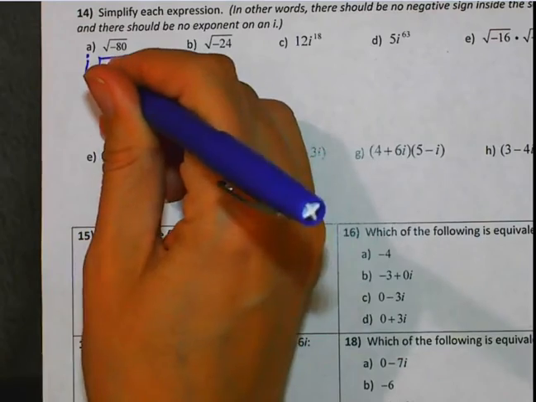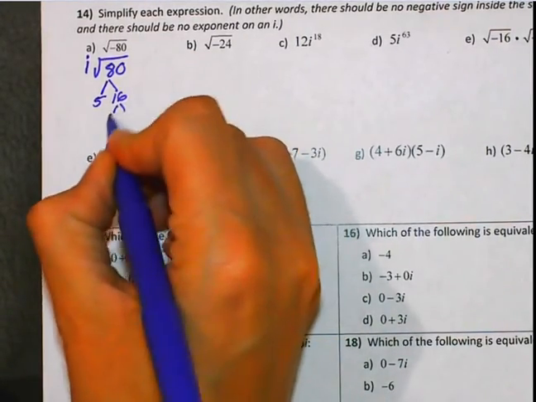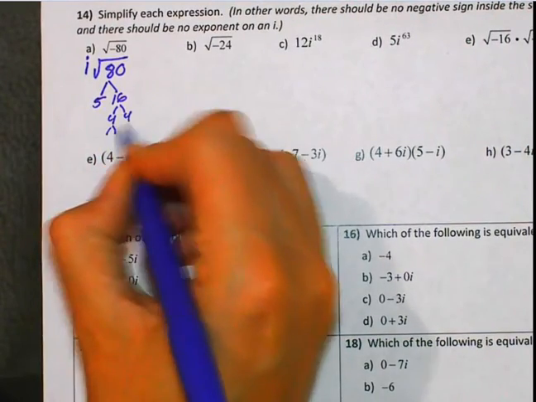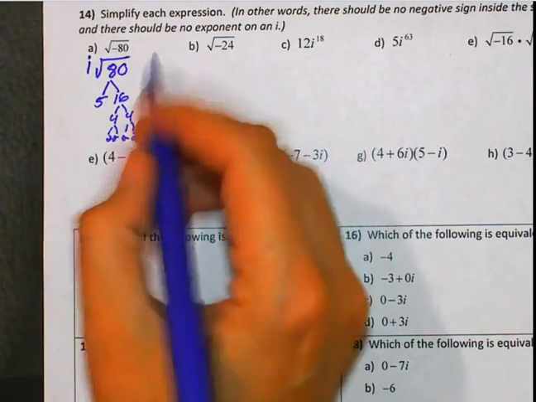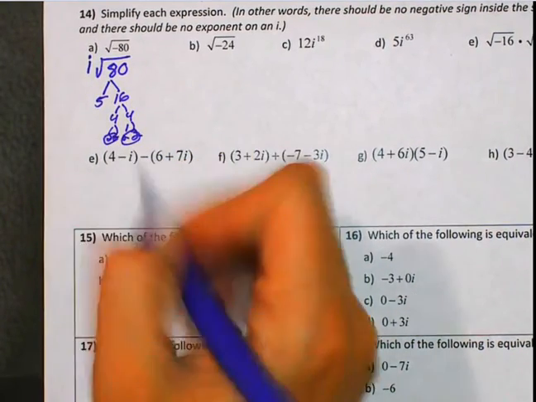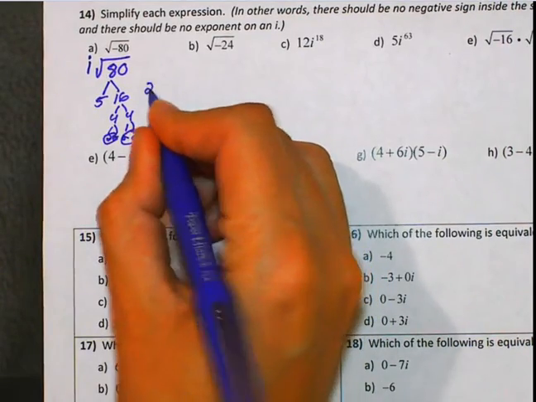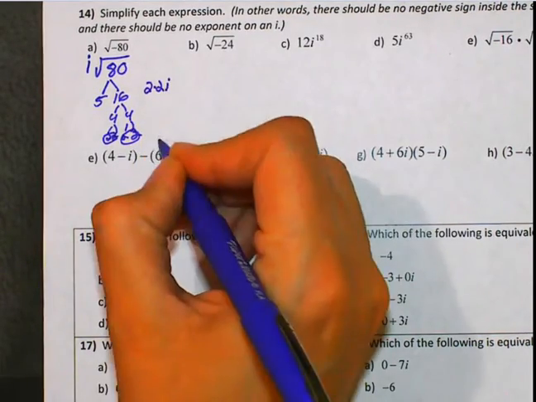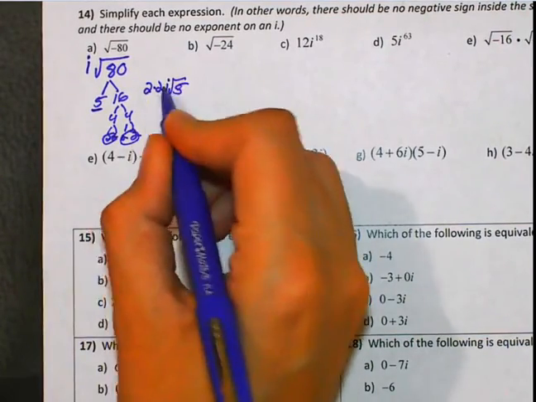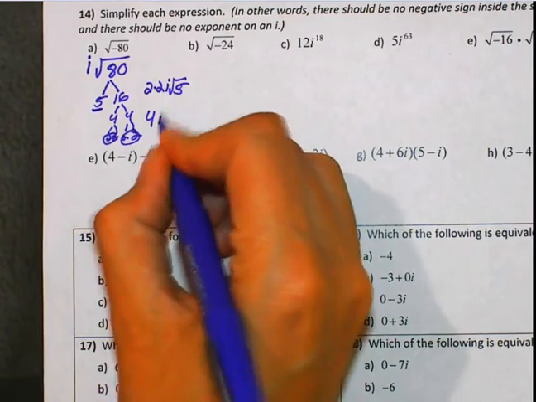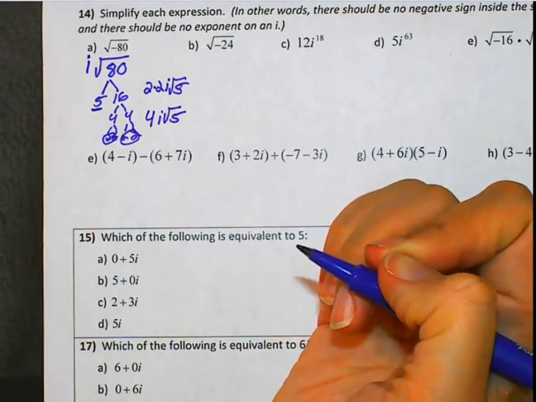You could start somewhere different. 5 and 16, 4 and 4, 2 and 2. So I'm going to keep factoring. Remember, because this is a square root, I'm looking for pairs. So out there with that I have 2 times 2 times i. And then that 5 remains on the inside. So 2 times 2 is 4, so I have 4i square root of 5.